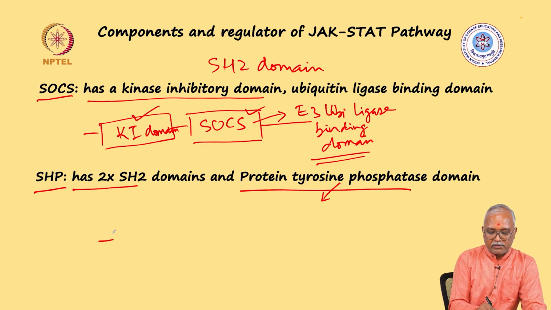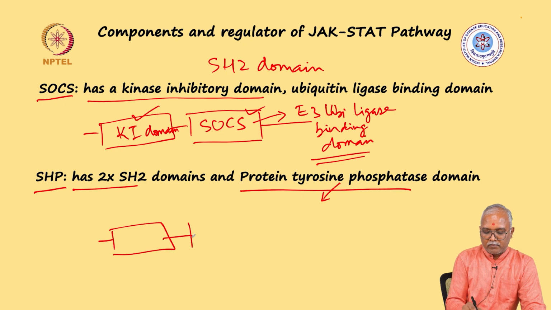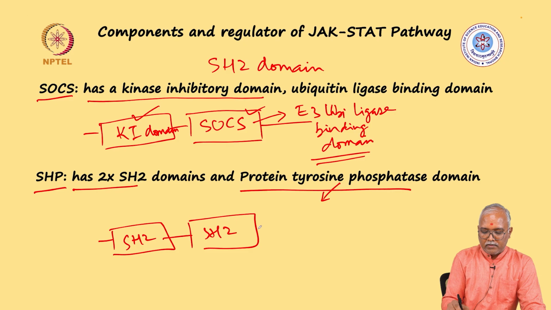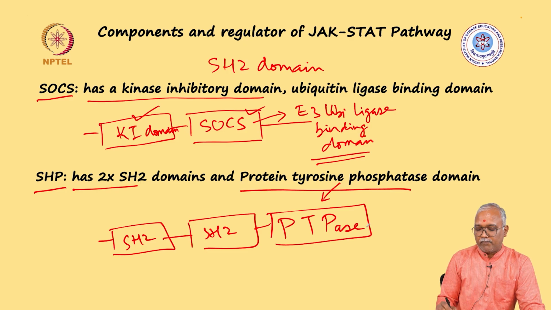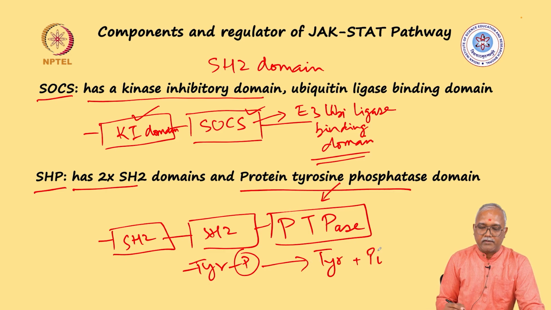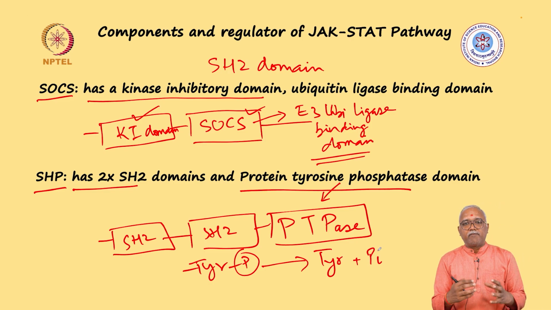So basically, if you consider that it has two SH2 domains, and then the protein tyrosine phosphatase domain, it will recognize the phosphotyrosine residue and generate the free tyrosine, and a Pi will be released. So together they will be working in the JAK-STAT signaling pathway.